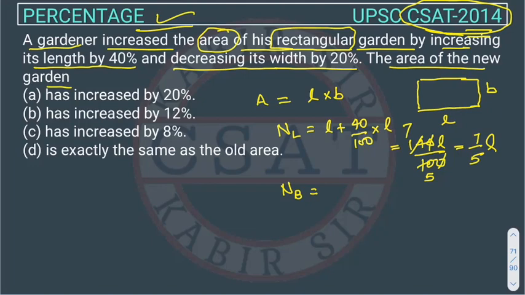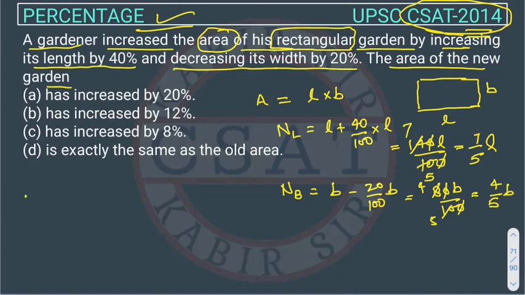And what will the new breadth be? Decreasing by 20%. So B minus 20% of B. So this will come out 80B upon 100. This 0 will cancel this 0. We can cancel it, right? So this will be 4 by 5 B, right?